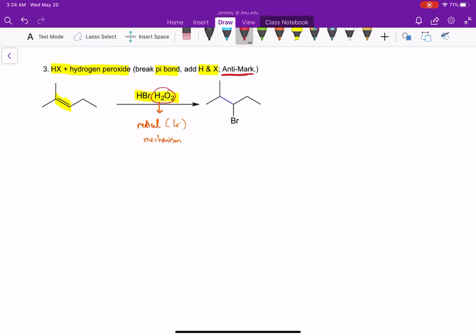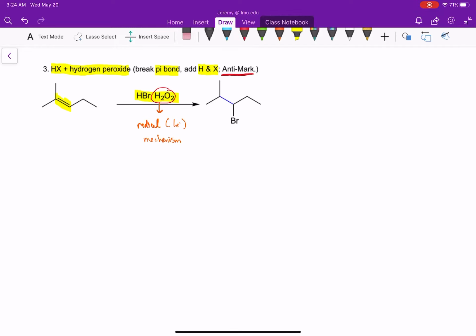We're going to do the opposite of Markovnikov's rule, right? Remember, Markovnikov's rule says add the hydrogen to the side where there's more hydrogens. Now we're going to add the hydrogen to the side where there's less hydrogens, all right? So you don't need to know the mechanism, but we need to know this reaction, right?